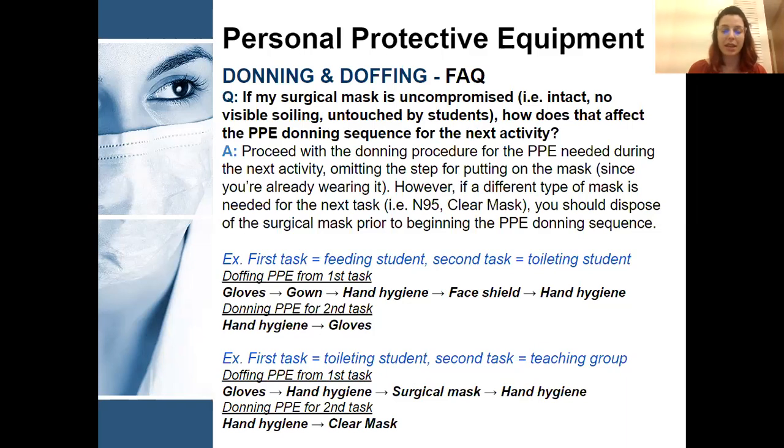And your donning PPE for the second task might be that you're performing hand hygiene and putting on that clear mask, as teaching that group, whether it's an elementary group of students or students that are hearing impaired or require the physical visualization of facial cues to be able to communicate, you might be wearing the clear mask instead of that surgical mask. So that's just two examples of the sequence that might occur, but again, it's totally dependent on the situation.